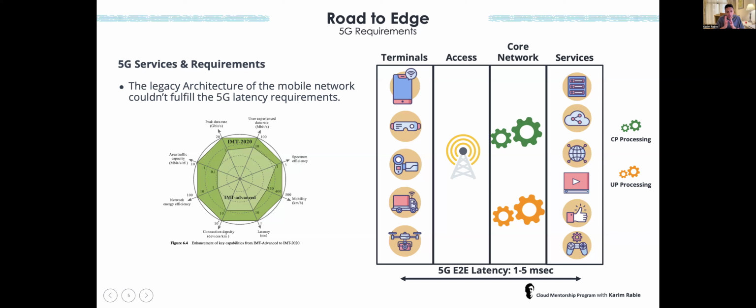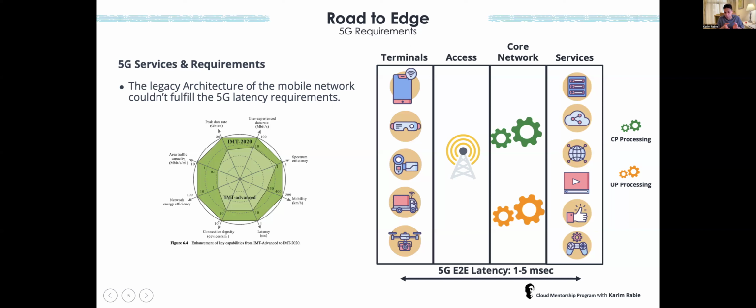So now there is a challenge, because our network was architected with access sites, the eNodeBs, and then the regional site and national site that have the core network, and then the service that lies on the internet or on some local POP.